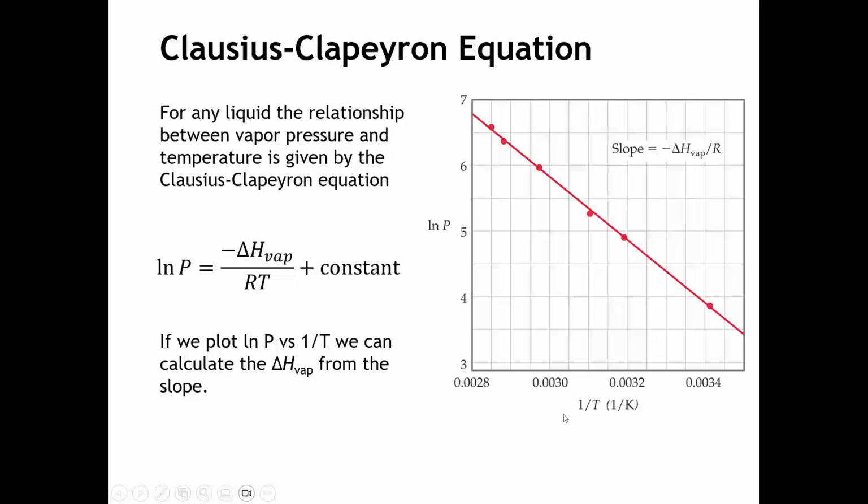And if you were to plot the natural log of the vapor pressure versus 1 over temperature, you would just get a straight line. And the slope of that line is minus the enthalpy of vaporization divided by the gas constant R. Okay, so in this way, if we do an experiment where we measure the vapor pressure at different temperatures, we can use this data to determine the enthalpy of vaporization.